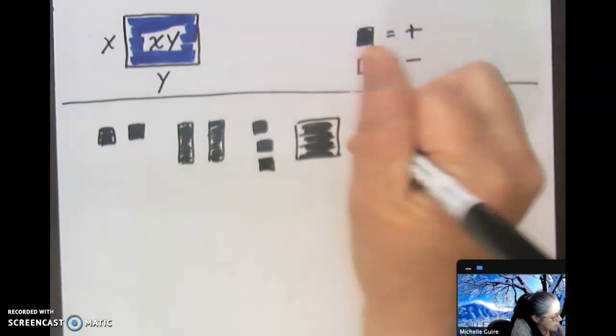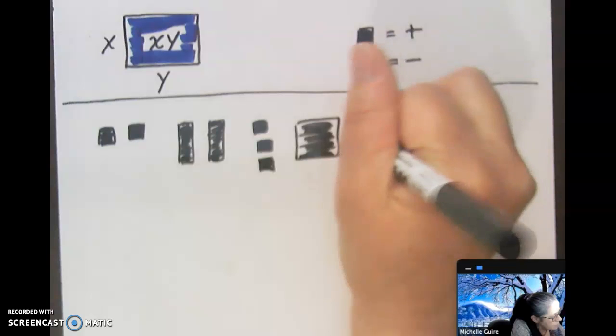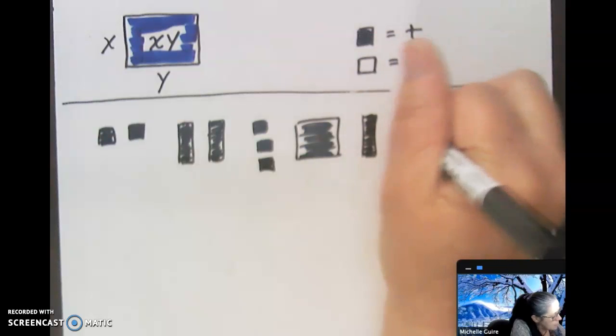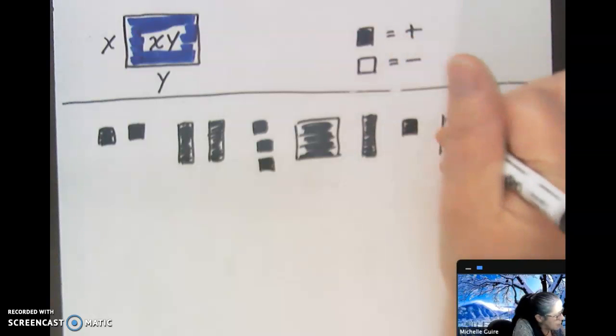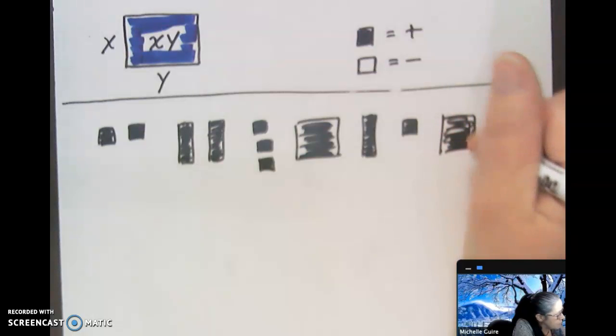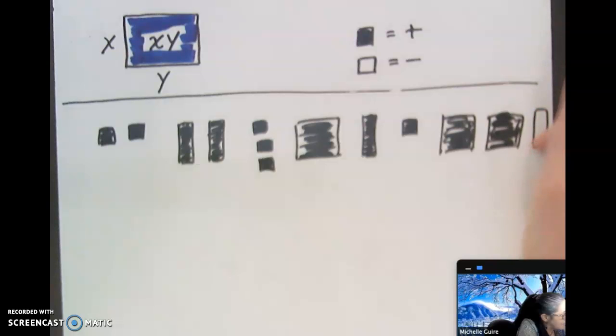Notice these are all positive. Another X, and another 1, and 2 more X squared tiles. And 1 more. Can I fit it on here? I think I can. X tile.